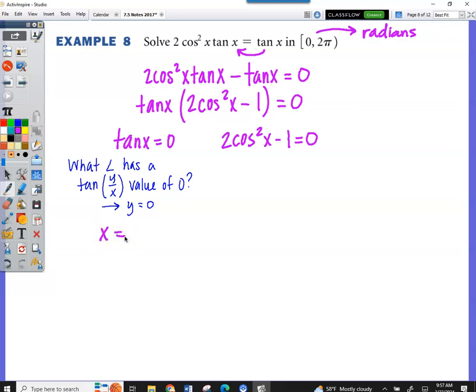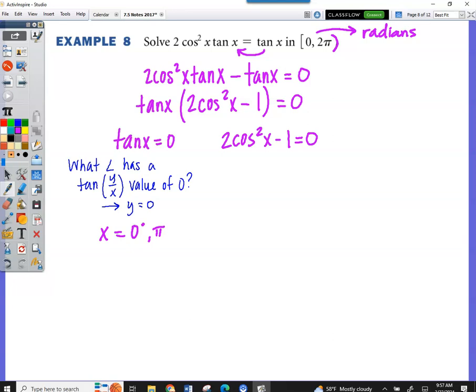No. Do you notice how right here there's a parenthesis on 2 pi? That means they don't want you to include 2 pi. But pi works. There's one more. There it is. 0. You were so close. So 0 and then pi.